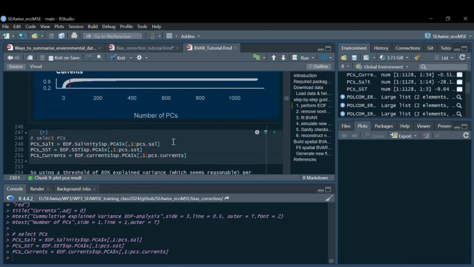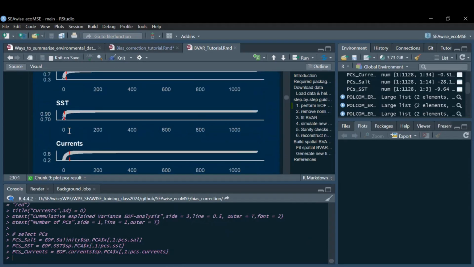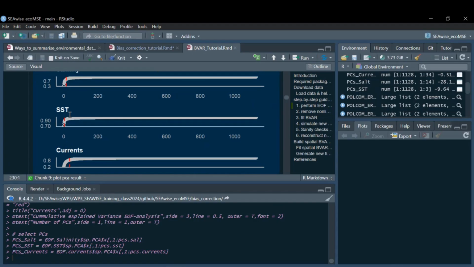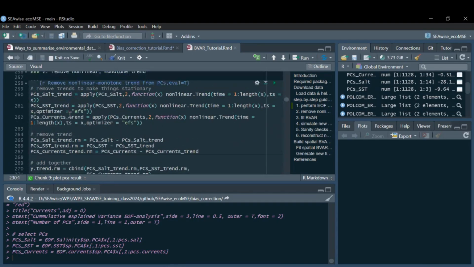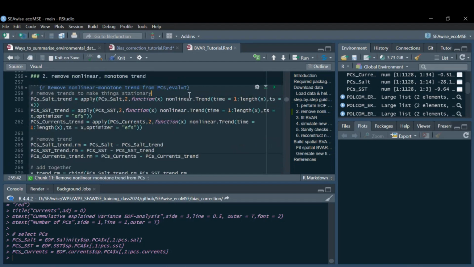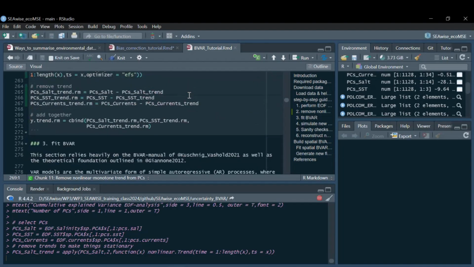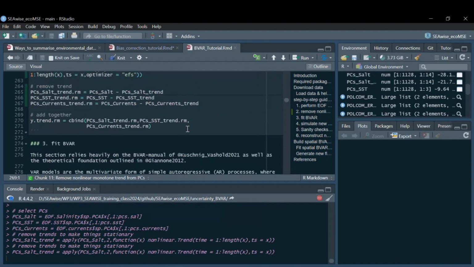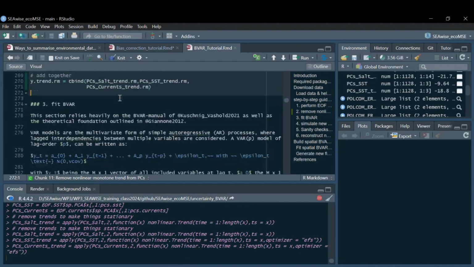Okay, now we have all the PCs. 80% is quite okay to get the elbow, right? Okay, then we remove the nonlinear trend and put everything together into a big matrix, which we then pass on to the BVAR process.